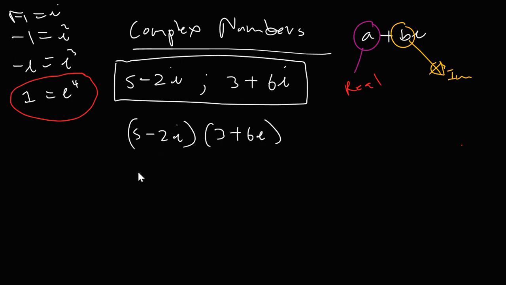This by this one is going to give us 15, and this by the other one is going to give us 30i, and this by this one is going to give us minus 6i, and that by that one is going to give us minus 12i squared.